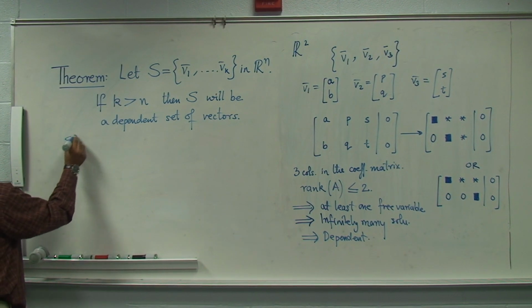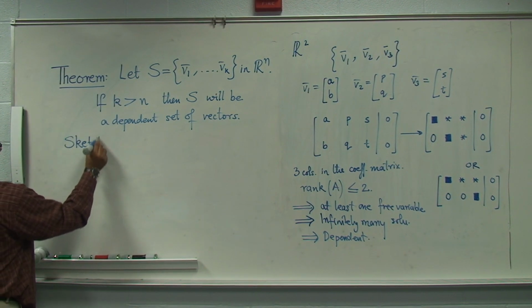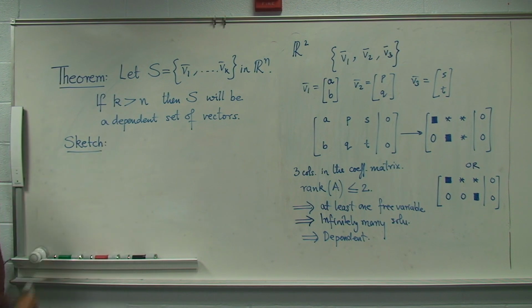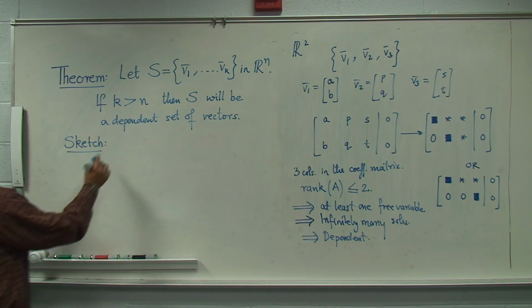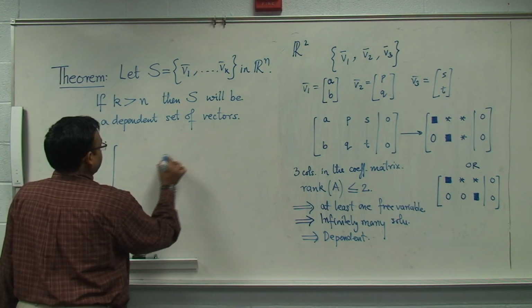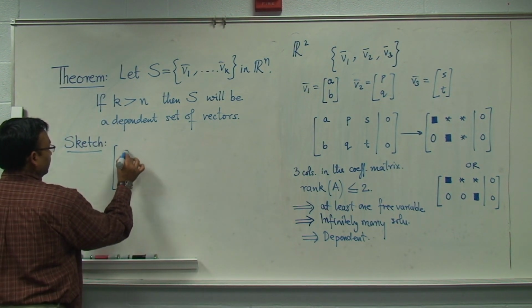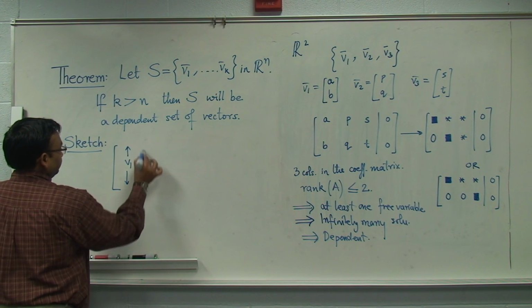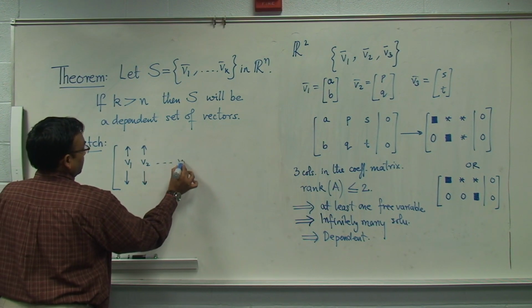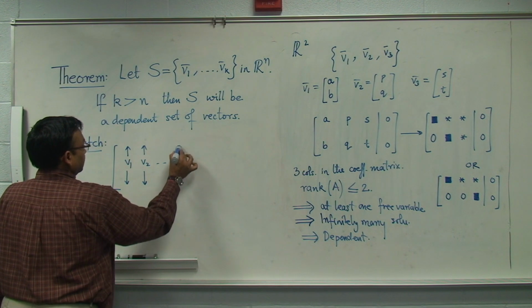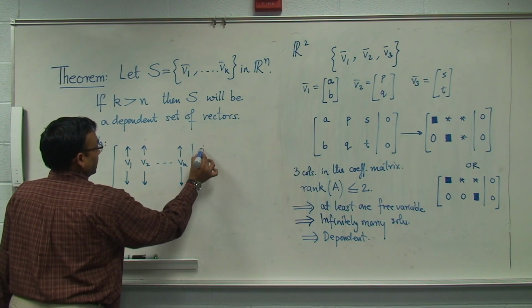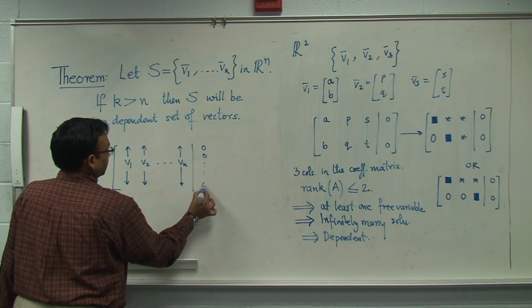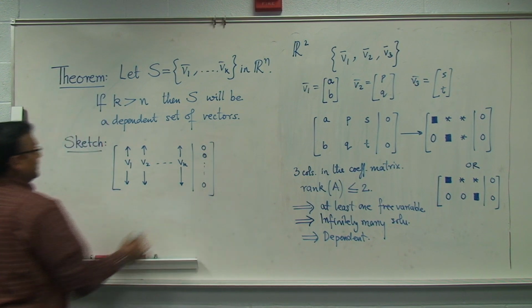So here's a sketch for our proof. As you will see, it is entirely based on the idea we have just seen. So if I have k vectors, here's my vector v1, here's my vector v2, so here's my vector vk, and here I will have the zero vector.